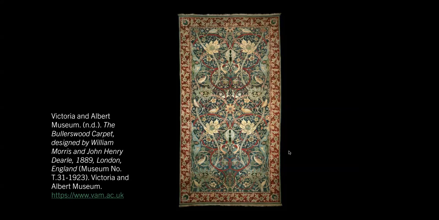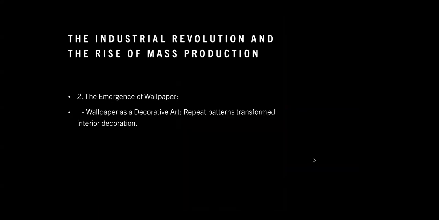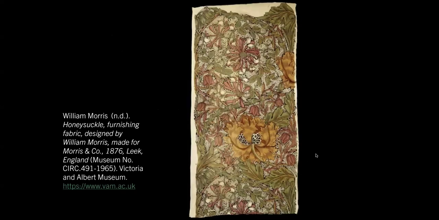So in his design motifs, it was supposed to look back almost to medieval, right? So now we have the emergence of things like wallpaper, which you can actually produce in an industrial society. It becomes another product. And so where there's a product, there's someone marketing it. And wallpaper kind of grew as a decorative art during the Industrial Revolution era. This is more William Morris. This was a furnishing fabric.